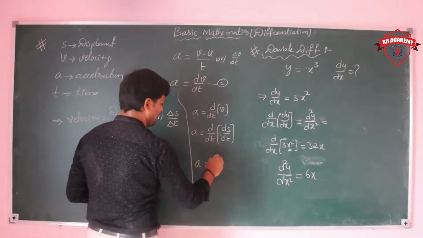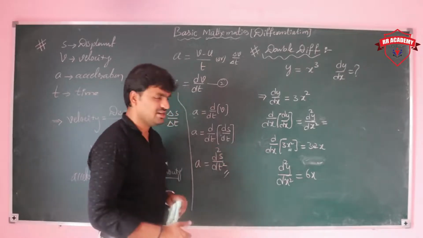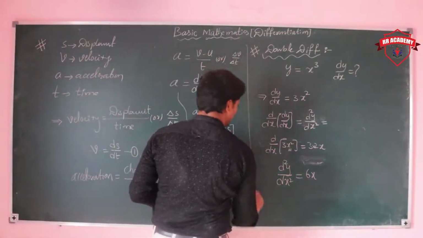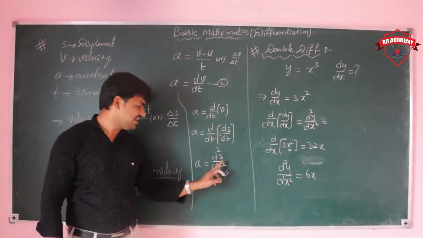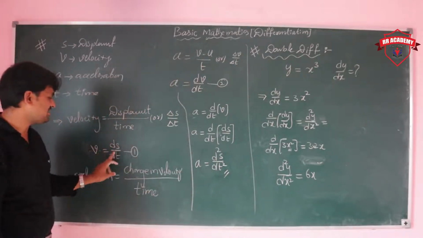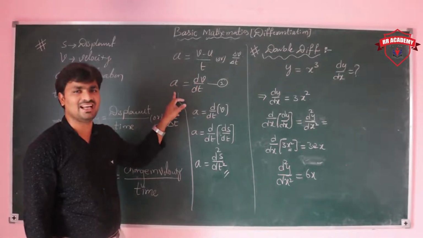So a is d by dt of ds by dt, that means the double order differentiation, d square s upon dt square. Similar to d square y upon dx square, we get d square s upon dt square. So first velocity is ds by dt, and velocity differentiated with respect to time gives acceleration.